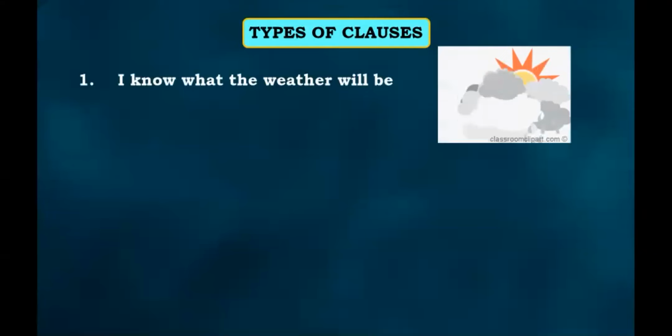So, first one now. I know what the weather will be. Very quickly, to repeat what I just said: ask the question to the main clause, and the answer will be given by the subordinate clause.